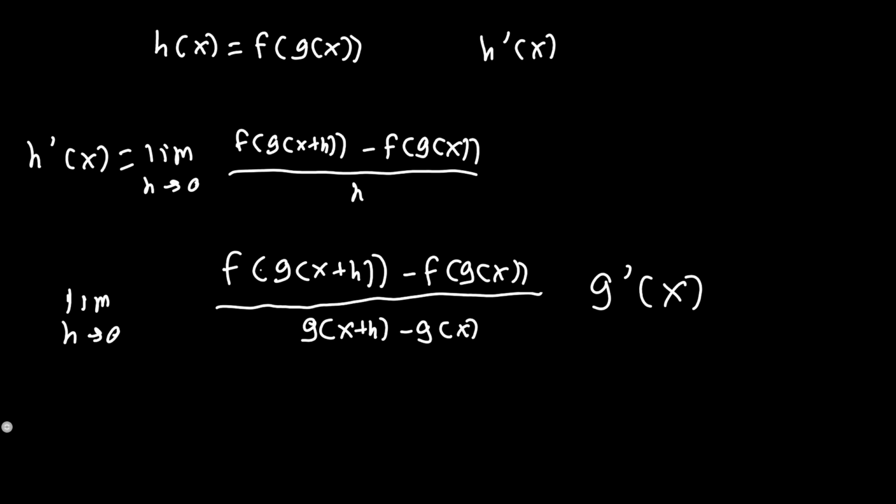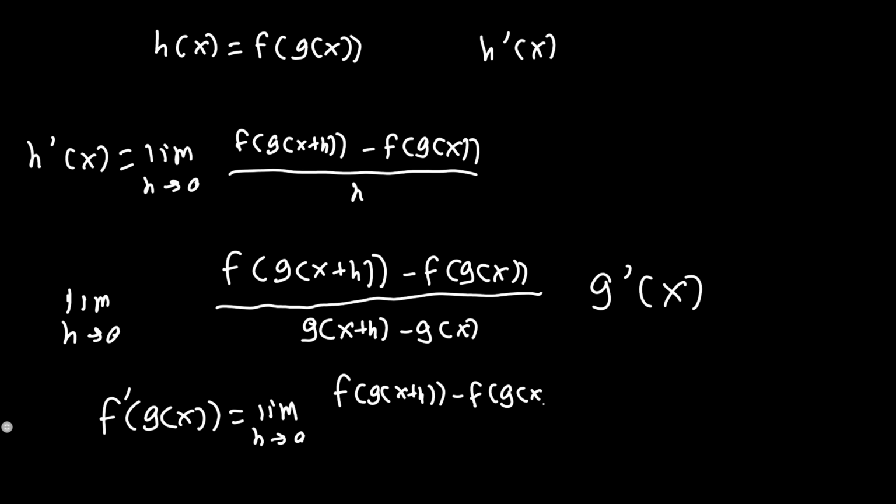Since we already got g prime, the main focus is the derivative of f of g of x, which is going to be the limit as h approaches 0 of f of g of x plus h minus f of g of x over g of x plus h minus g of x.